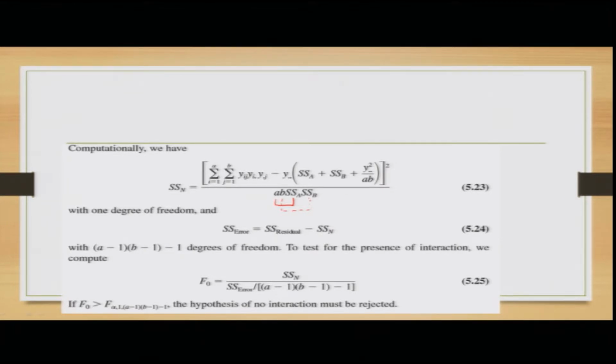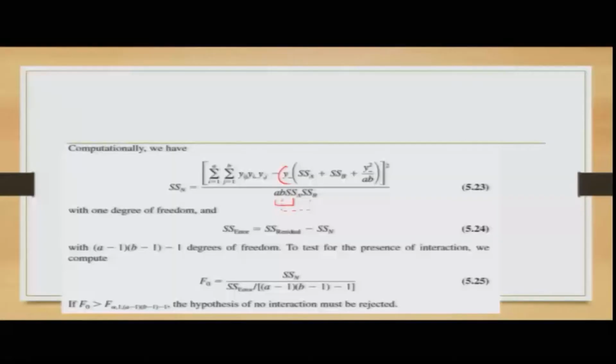That would be divided by the degrees of freedom a and b, and you will multiply it by y bar, y dot dot.